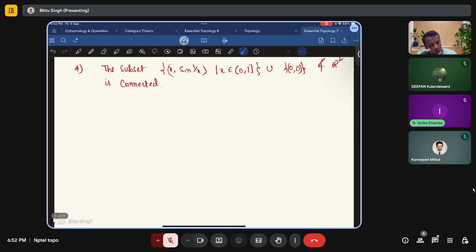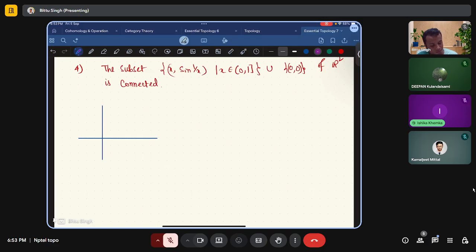Now what about this question? Here again we are considering some subset of R2 and we need to see if this subset is connected or not. So let us see. Here the graph is (x, sine 1/x).